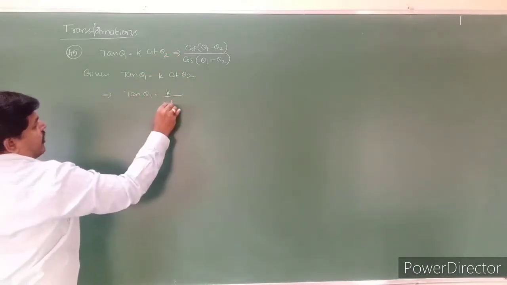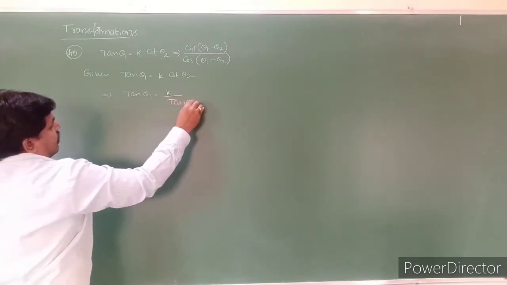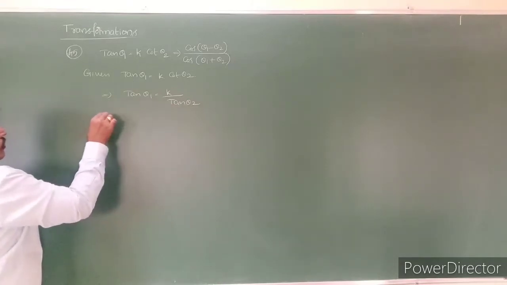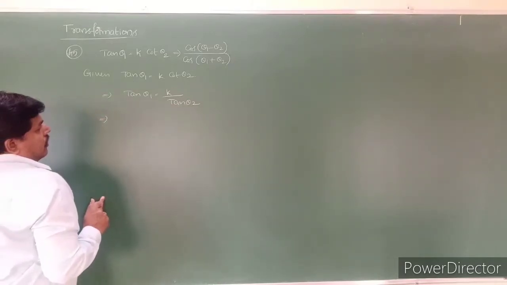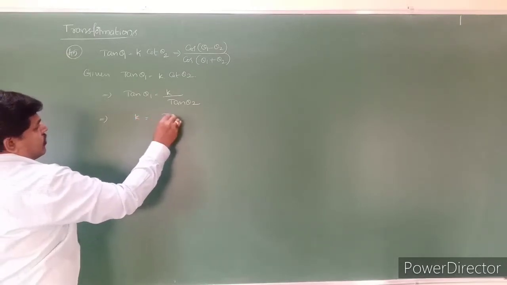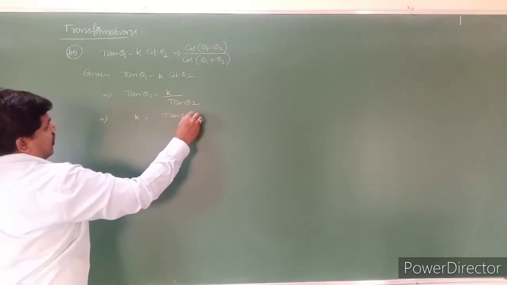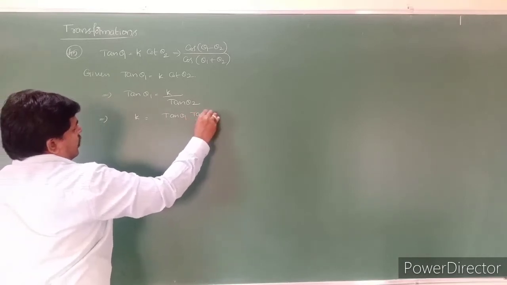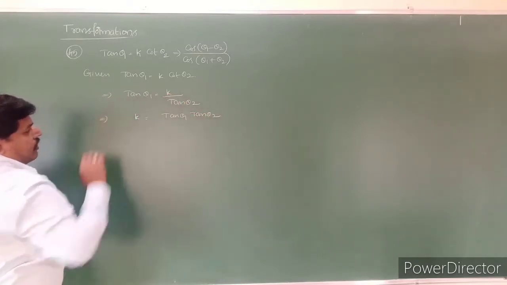So this can be written with tan theta 2. That implies k is equal to tan theta 1 into tan theta 2. So k is equal to tan theta 1 into tan theta 2.